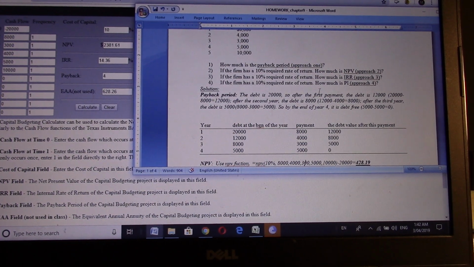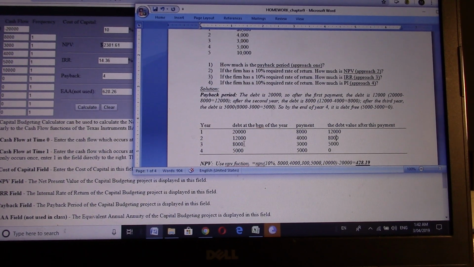The debt at the beginning is $20,000. You made $8,000 profit in year 1, and you use it to pay off your debt. So after year 1, you still owe $12,000. Now $12,000 is what you carried over for the second year. You make $4,000 in the second year, so after the second year, you still owe $8,000.